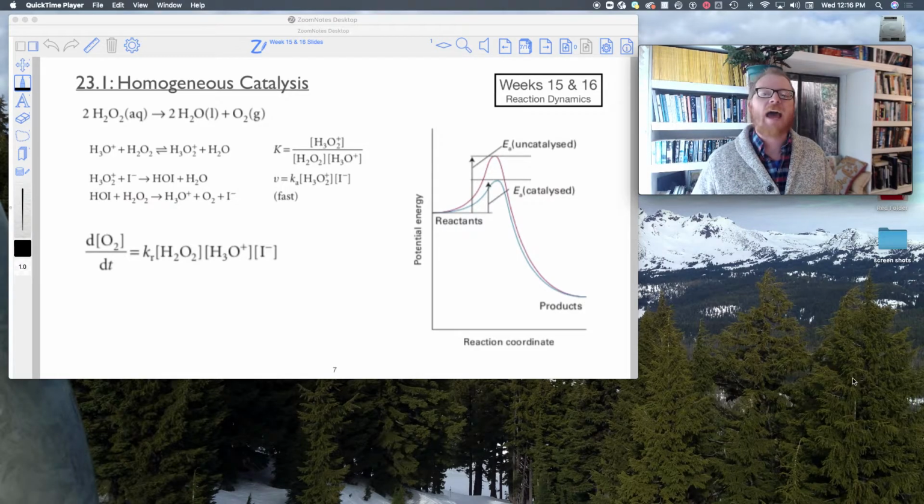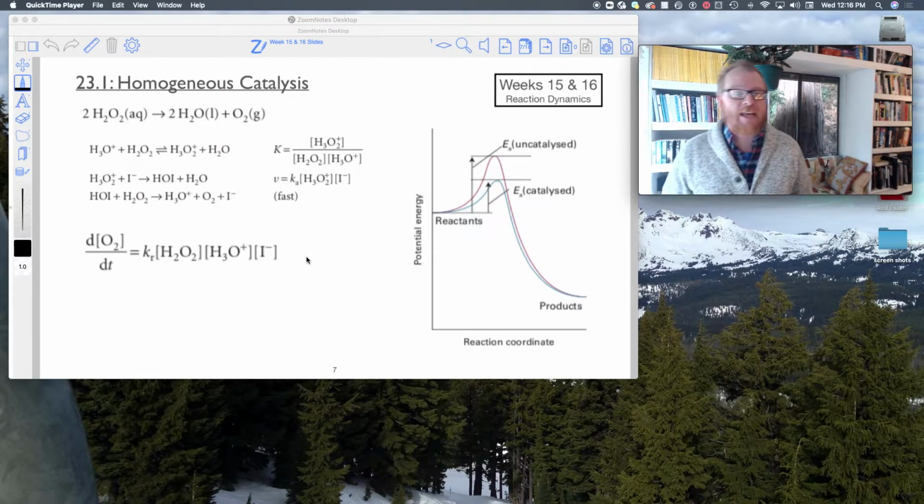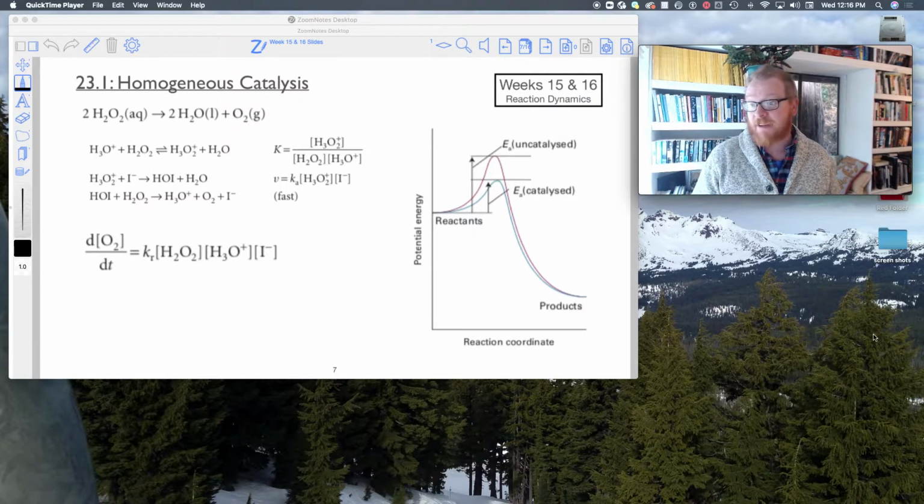And there's two types of catalysts that I'm going to talk about: homogeneous catalysts and heterogeneous catalysts, okay? So I'm just going to use a classic example of a homogeneous catalyst that you may have encountered in your classes. And that's the hydrogen peroxide decomposition catalyzed by iodine.